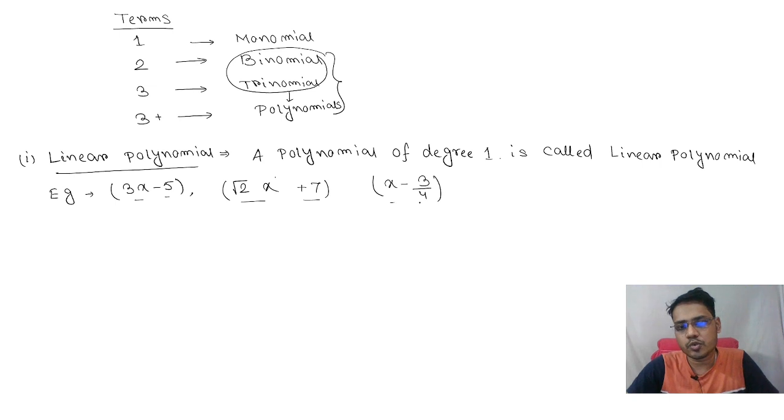How many terms are there? Two terms are there, and the power or the degree of x is 1, so that means it is called the linear polynomial. So now the second type of polynomial, that will be quadratic polynomial.